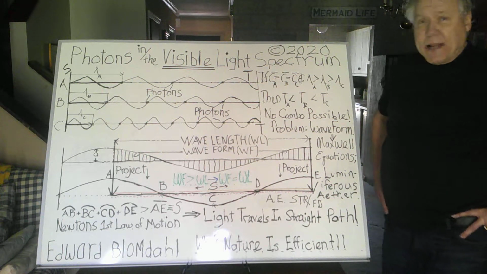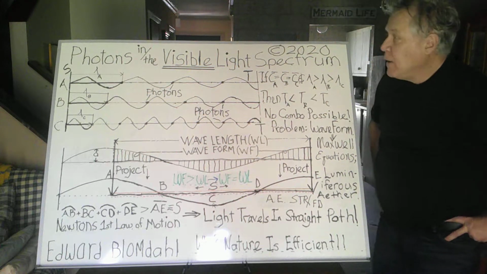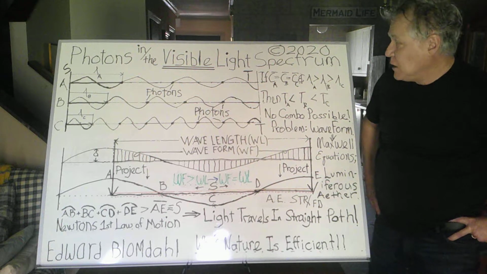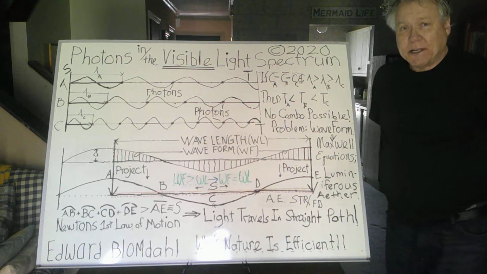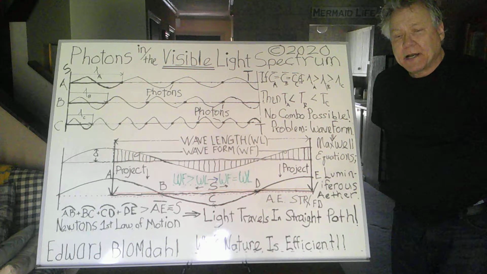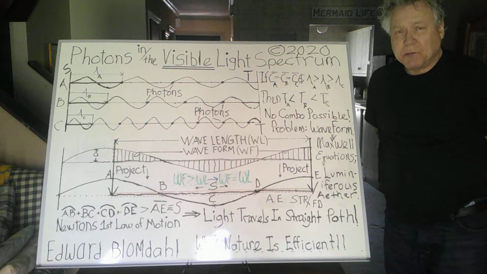But the title of today's video is Photons in the Visible Light Spectrum. I have underlined visible because at this point in time, all I really have looked for is what happens with visible light.